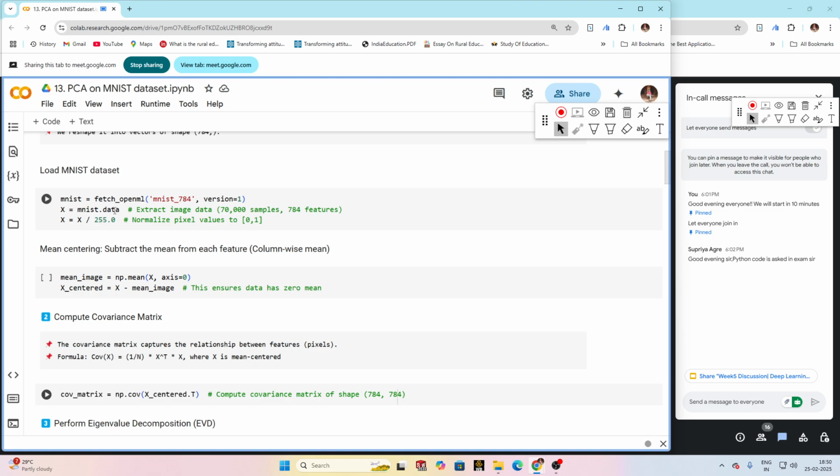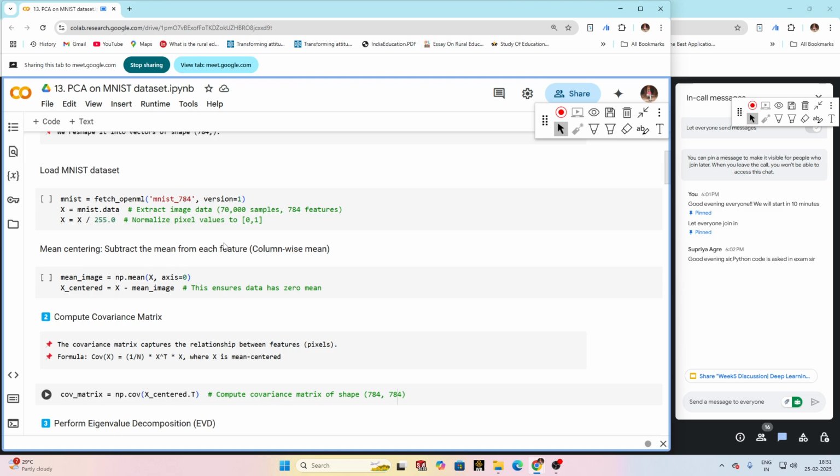So this is the dataset MNIST.data, and then we have normalized the pixels. In machine learning or deep learning, it is very essential to normalize your data, because there can be some features in which the value is very high, and some features in which the value is very low. Whenever the value is very high, our model will try to learn those features well, and for those features in which the value is very low, our model will not learn them well.